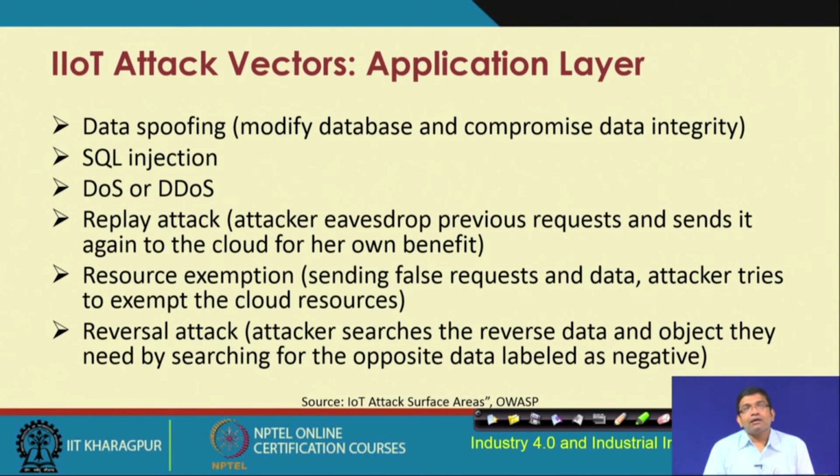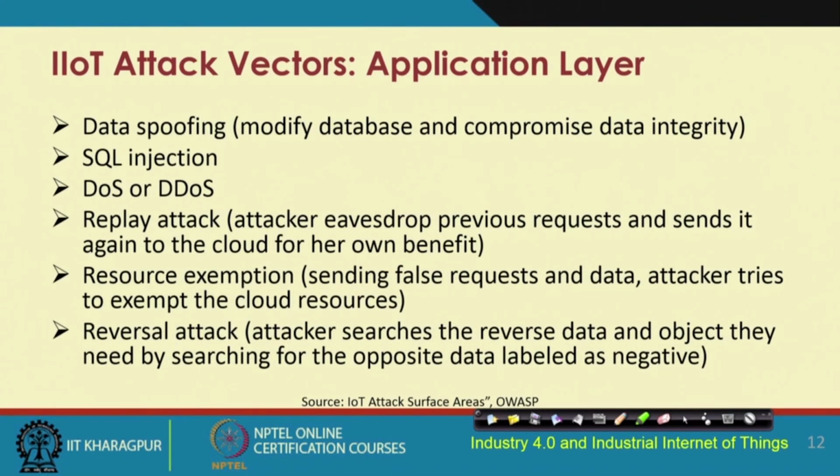SQL injection attack is where you send different SQL queries to the database, and thereby try to get through those queries to data that normally should not be accessible to you. So, intelligently you design your SQL queries in such a way that you get access to data beyond what you are supposed to get.